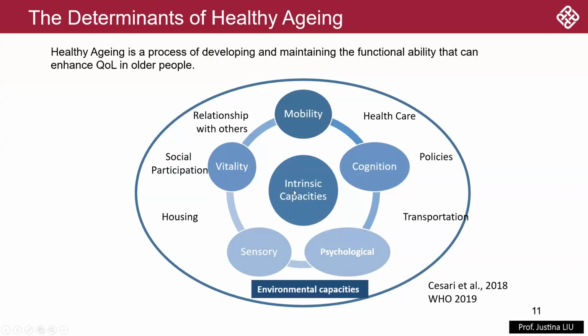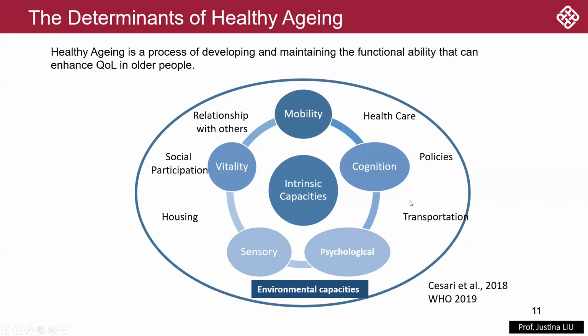The intrinsic capacity encompasses all biological, physiological, and psychosocial factors that affect the individual's functional ability. The environment includes, but is not limited to, all the factors listed in this PowerPoint.